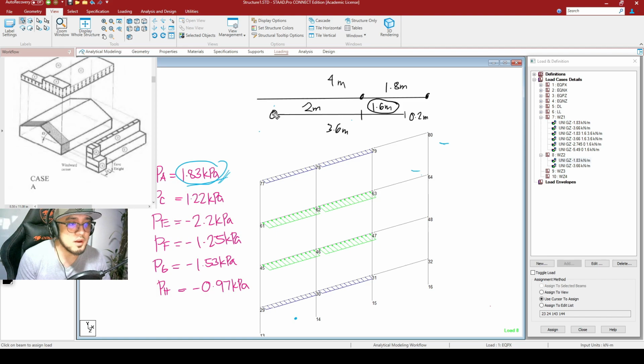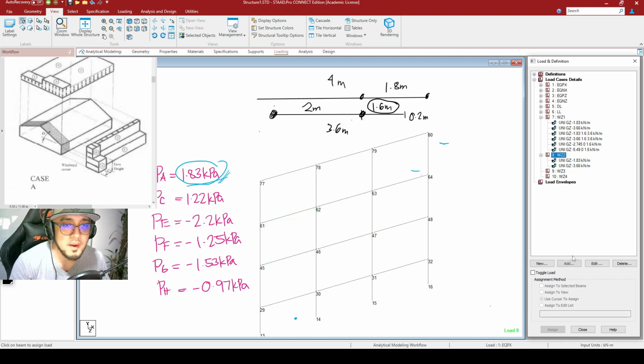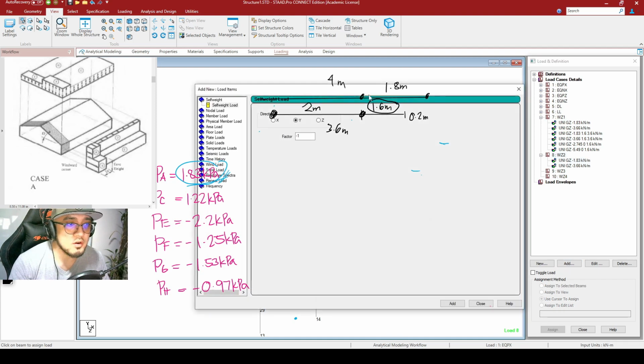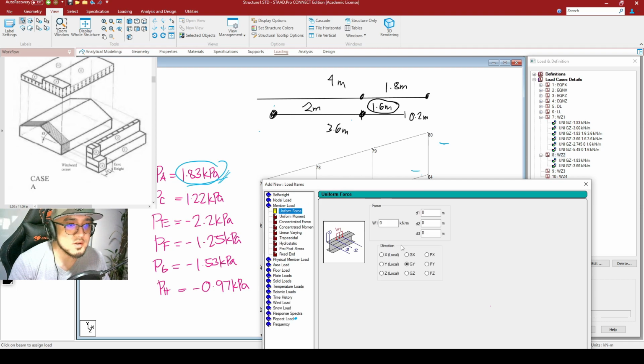Since this is our starting node and this is our ending node, the next thing we will be doing is applying a certain load for your zone C. If you can remember, our magnitudes here are negative 1.83 and negative 3.66.